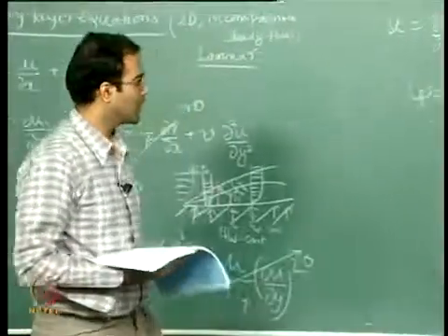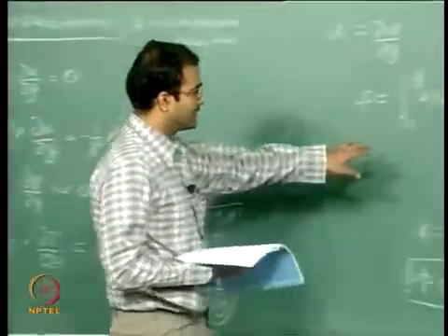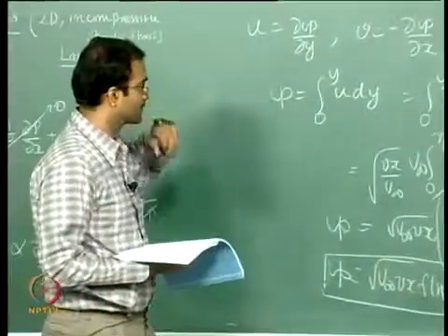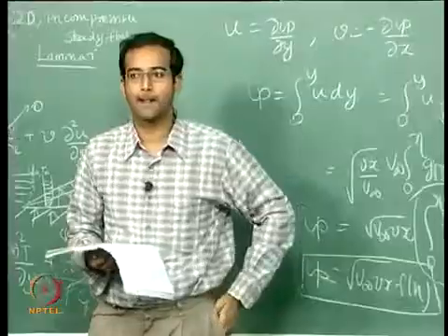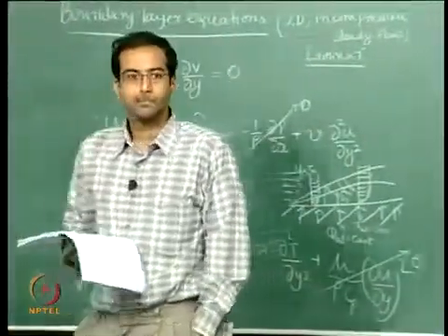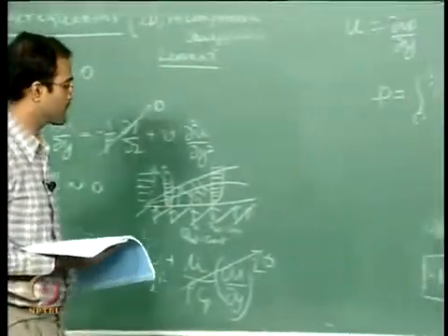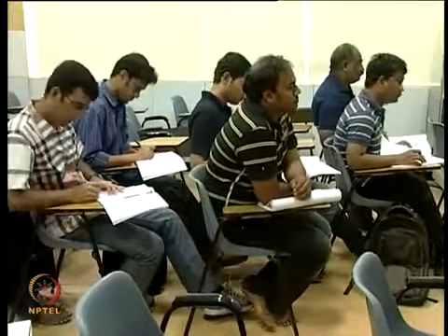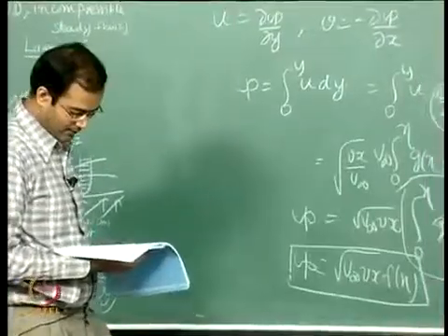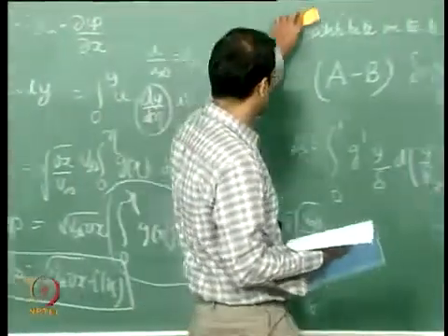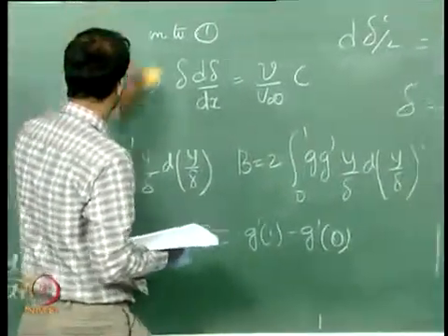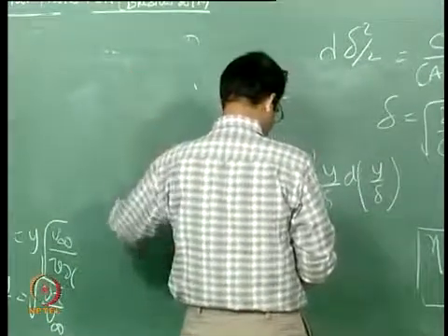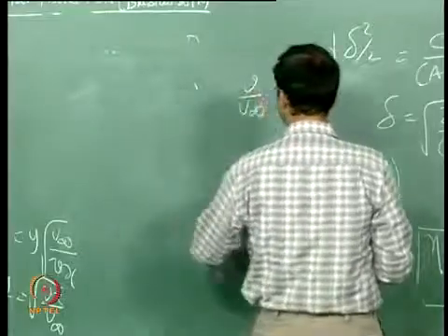I hope all of you got it. It is just a very simple substitution and writing in terms of eta. Any questions on this? Okay, so now we have done this, and in a couple more minutes I am going to write down the velocities and derivatives, everything, in terms of the similarity variable eta.